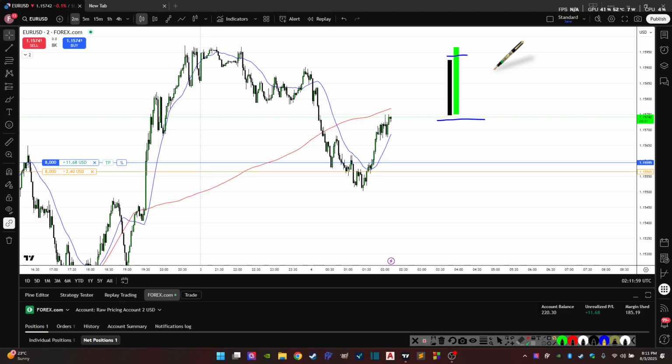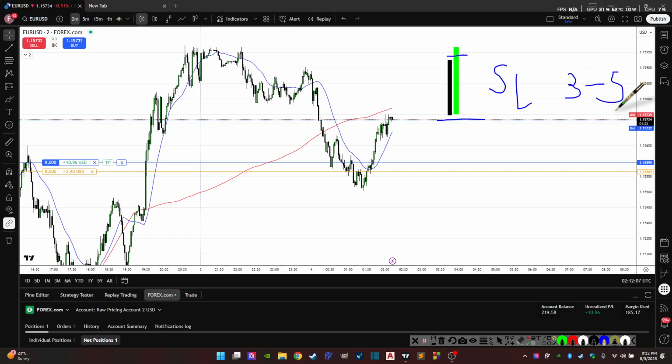This gives us extremely tiny stop losses. We're talking 3 to 5 pips. With those 3 to 5 pips, we just continue holding. We let price dabble around. If it starts to break the 20 right there, then we take it off. But if it pushes back up, we keep holding and riding.